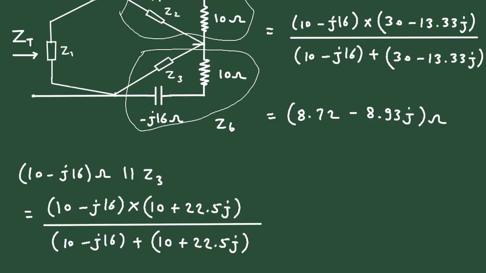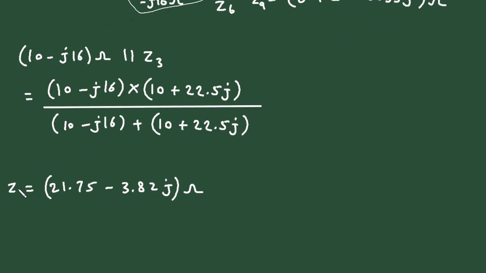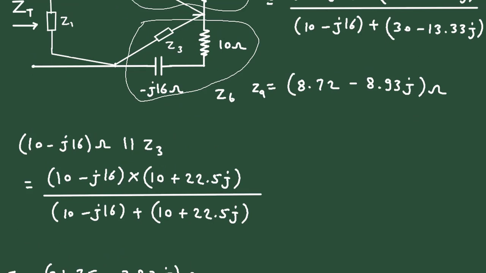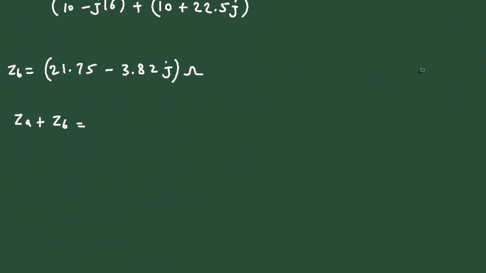So ZA plus ZB is equal to, let's copy it from here, then plus ZB.